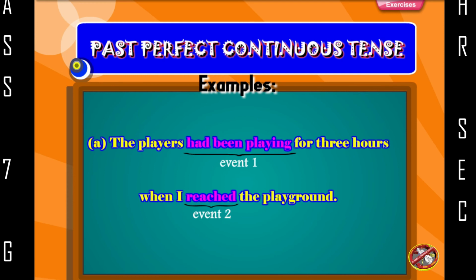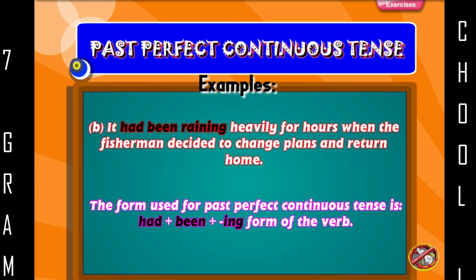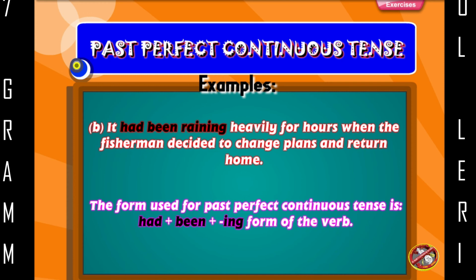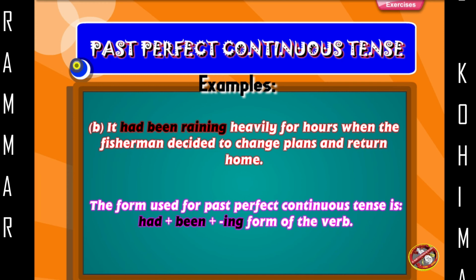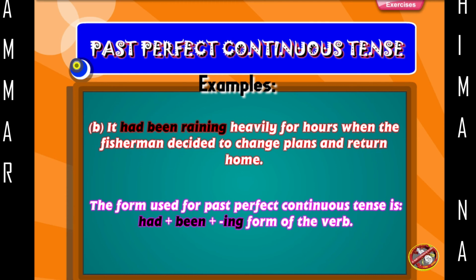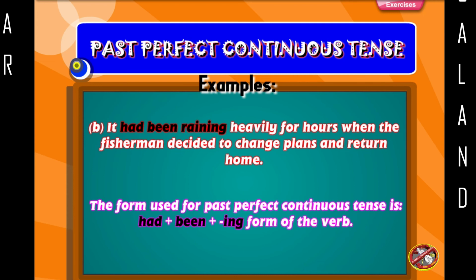I reached, event 2. It had been raining heavily for hours when the fisherman decided to change plans and return home. The form used for past perfect continuous tense is had plus been plus ing form of the verb.